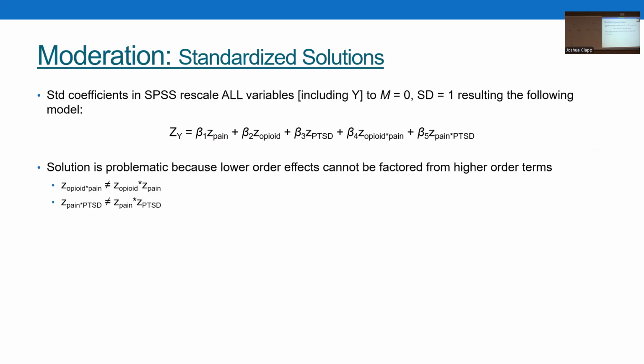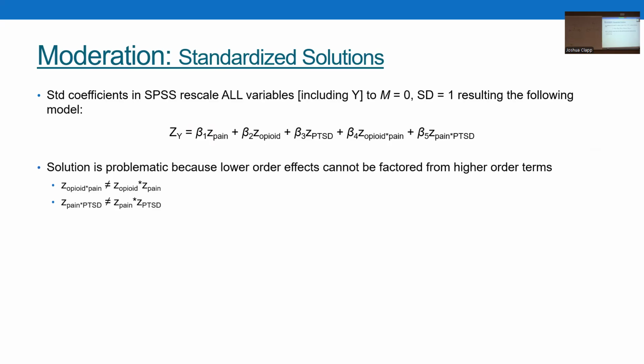And the z-score of that interaction term you calculated for pain and PTSD isn't the same number as the z-score for pain times the z-score for PTSD. You can't work backwards, like it fell into a black hole. You can't get this information back out. And that's problematic because you can't factor this out, so these are not proper solutions. They don't actually mean anything.